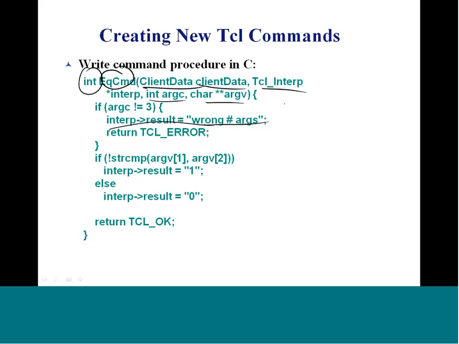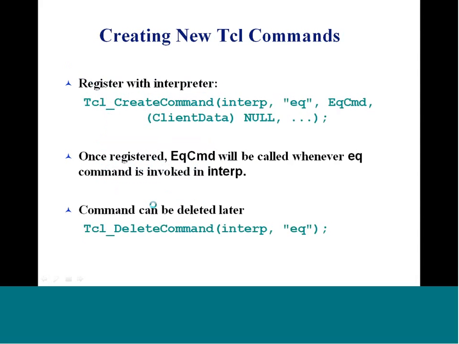Now the next thing we see is a string comparison between data 1 and data 2, and if they are equal, then we say basically that the commands are equivalent. Otherwise, we say the command is not equal, and then we just return the TCL_OK value.